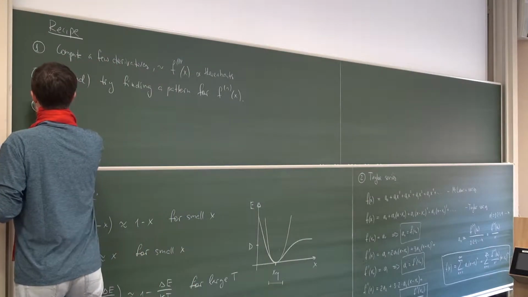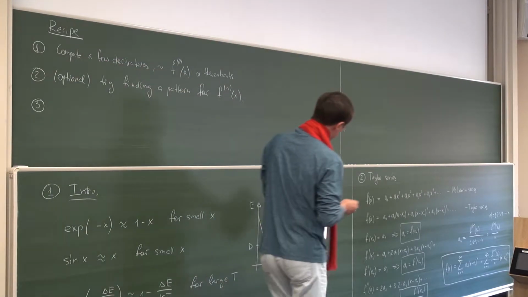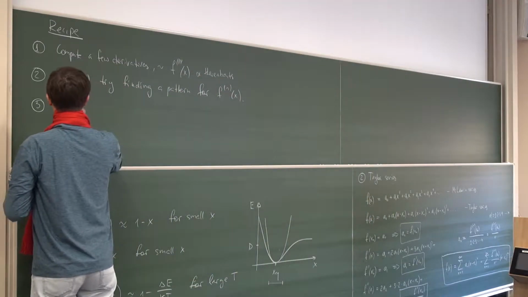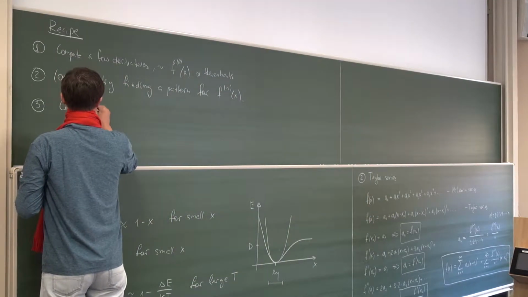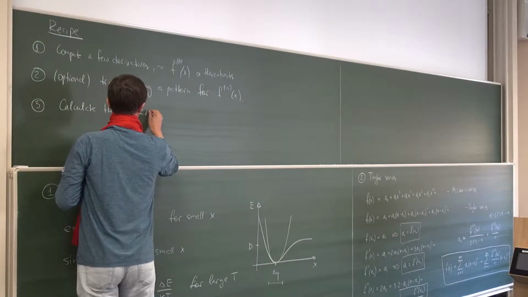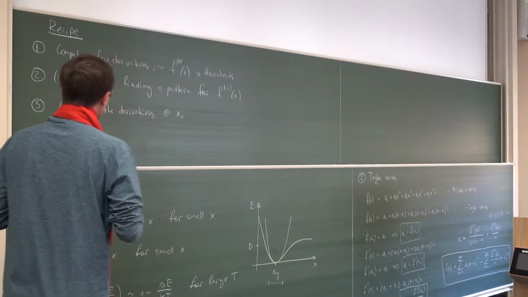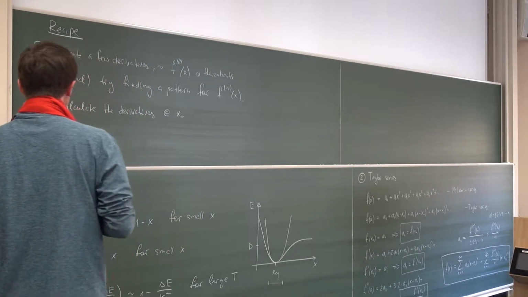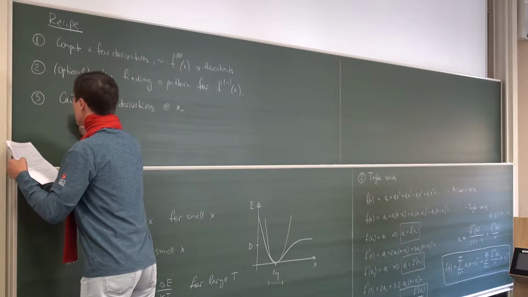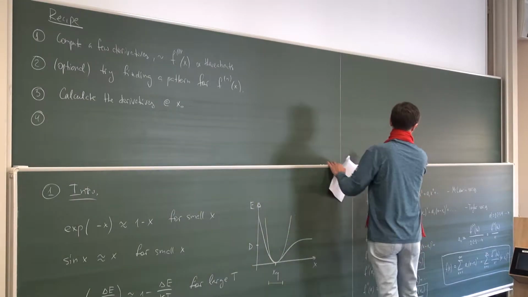So item number 3 then, calculate all of these derivatives at your reference point x naught. Basically substitute the x naught. Whatever it is, 0, 1, pi, doesn't matter, but put it in and calculate the value of the derivative.